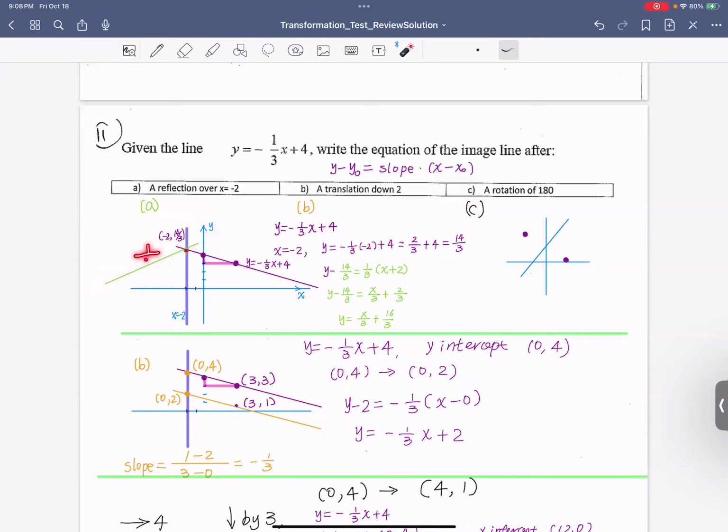So this slope will be 1/3. And look here, the new one and the old one cross on this line of symmetry, right? So basically, you want to solve for this point's position. How do you calculate this point's position?